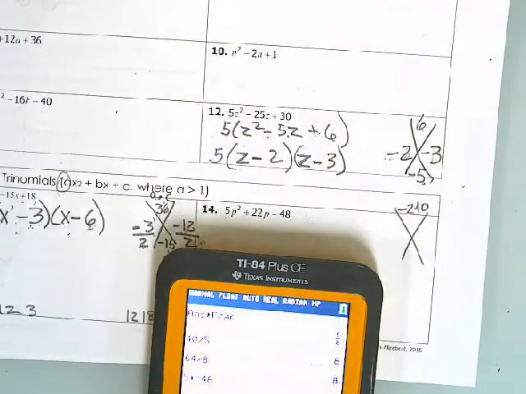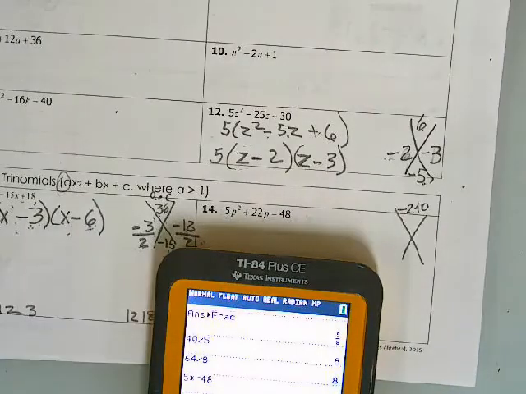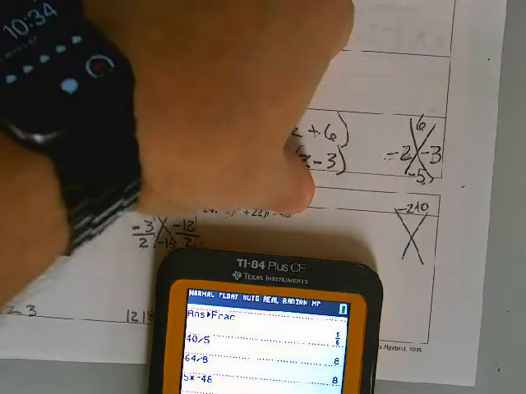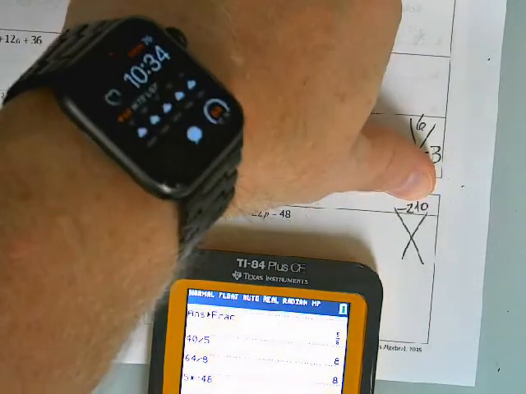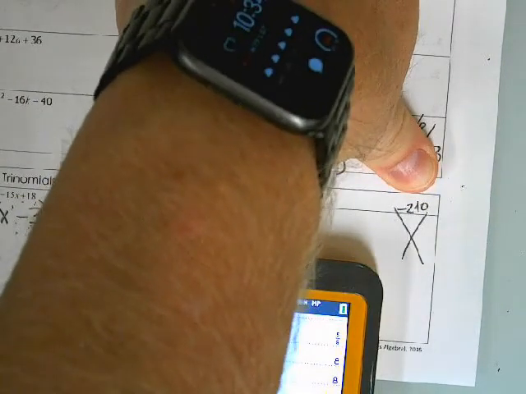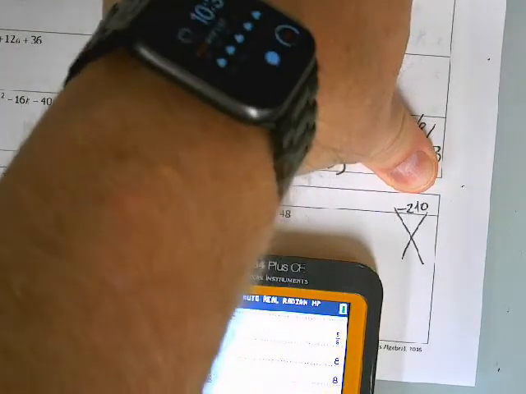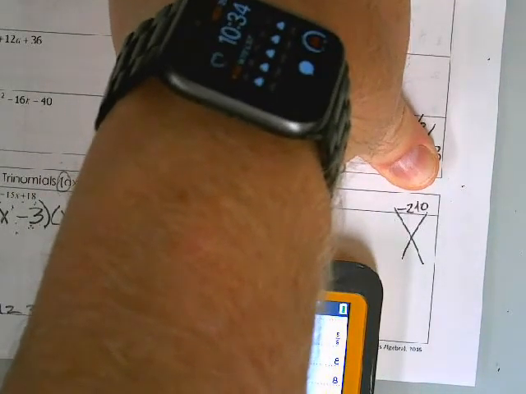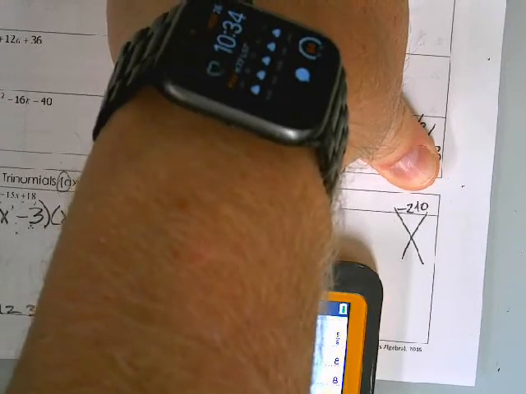This seems a little more tedious, but trust me, it's much better than guess and check. The other way many of you have learned to factor is to guess and check. And when you have big numbers like this, I've been doing math a long time. This is the easiest way I know of to figure it out. If there were an easier way, I would change, trust me. I hope you guys have learned that from me so far.